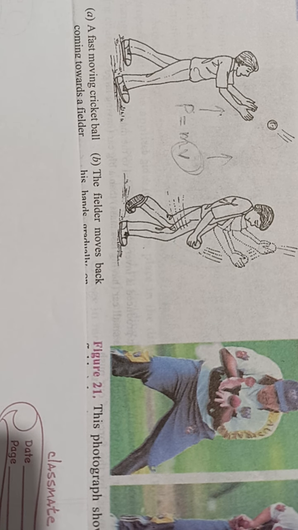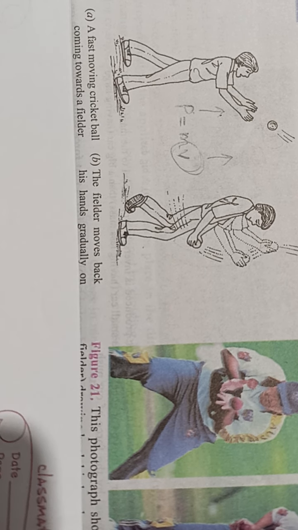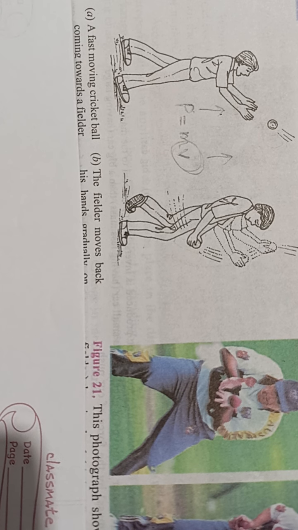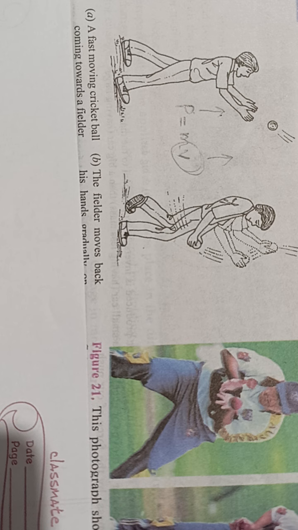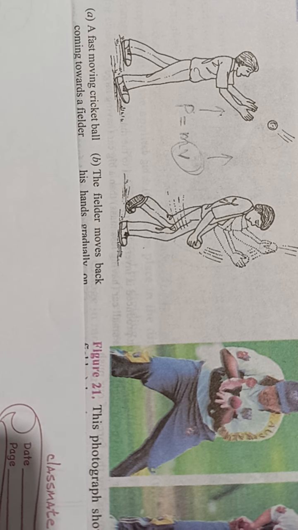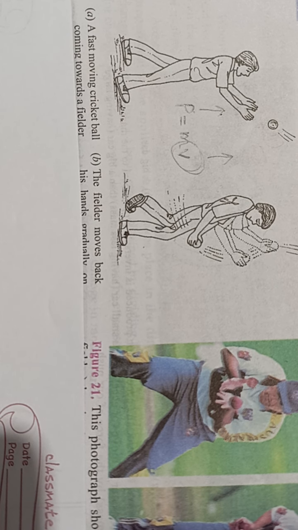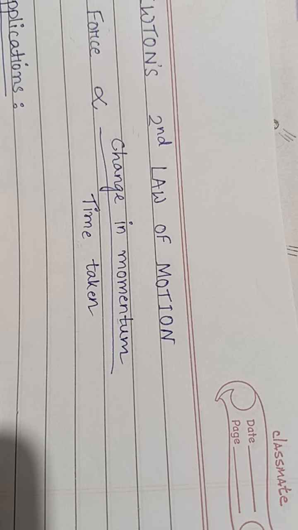The car has large momentum, because it is moving very fast. So when it suddenly brakes, the momentum is reduced to zero in a very short time. It doesn't get time. So when time is very less, force is maximum.